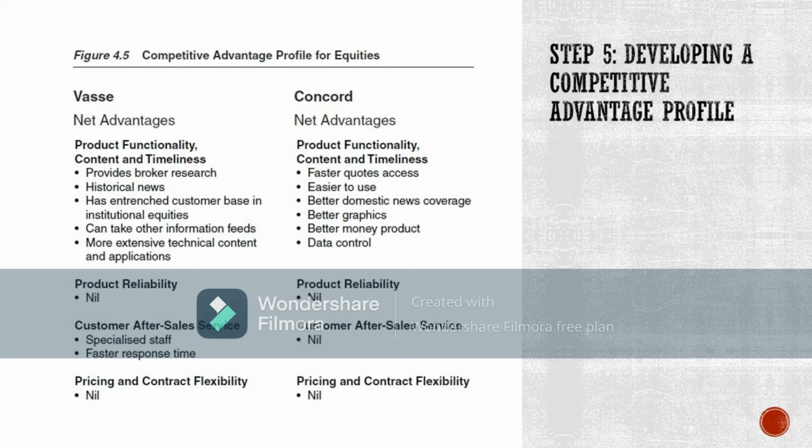For instance, is product quality high on trusses but not on frames? To tackle these and similar questions, use our competitive advantage profile by product or service. Before doing so, you need to identify each of your major products or services. Identify the market leader or nearest competitor for each.